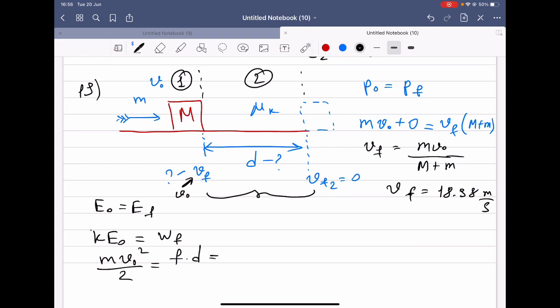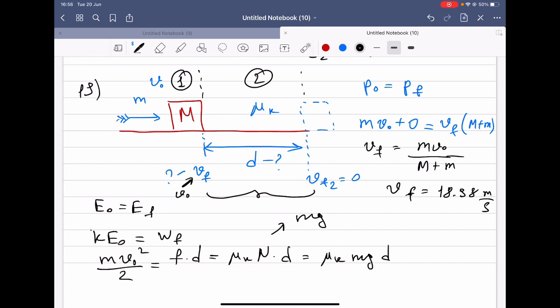Friction is equal to mu kinetic multiplied by the normal force multiplied by d, and your normal force is equal to mg, correct? So therefore mu k m g d.